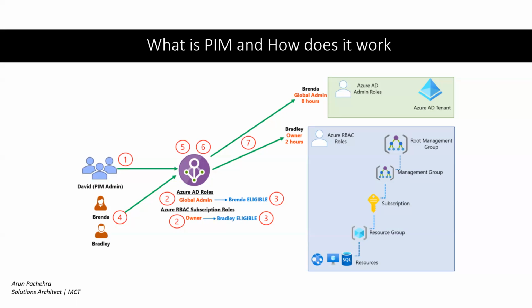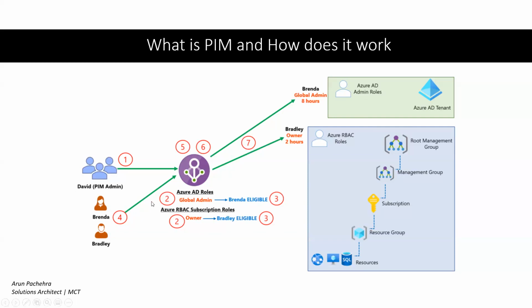Now, how does Azure AD PIM work? So here I have this slide where I have explained the entire flow. Let's say that an admin, David, wants to ensure that a user, Brenda, can be assigned the global admin role in Azure AD by PIM whenever she needs to perform a task that requires this role.